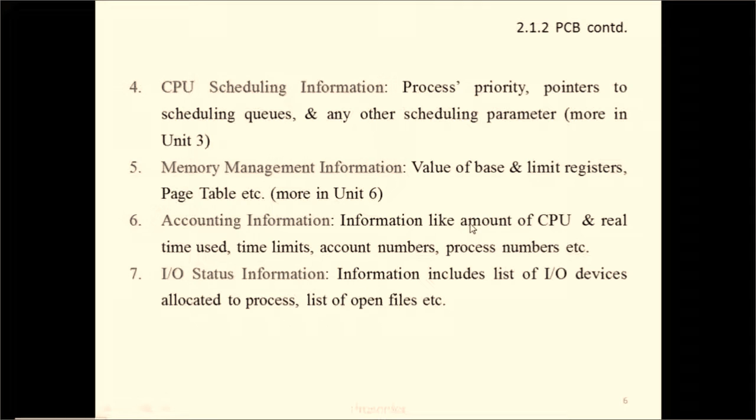Then IO status information. This information includes the list of IO devices allocated to the process, the list of open files on behalf of this process, etc. So some other information related to input output also goes into the PCB.